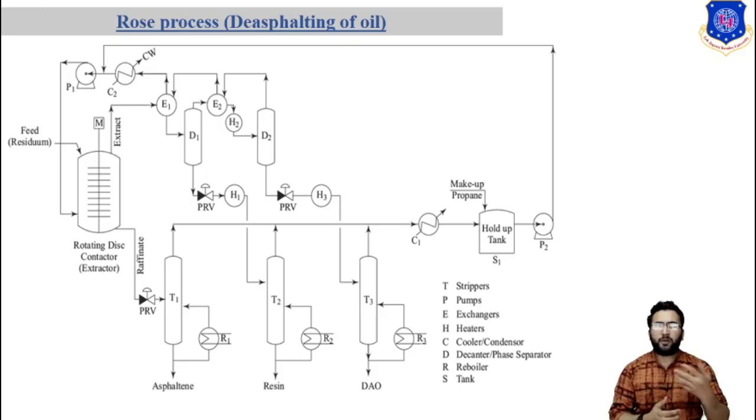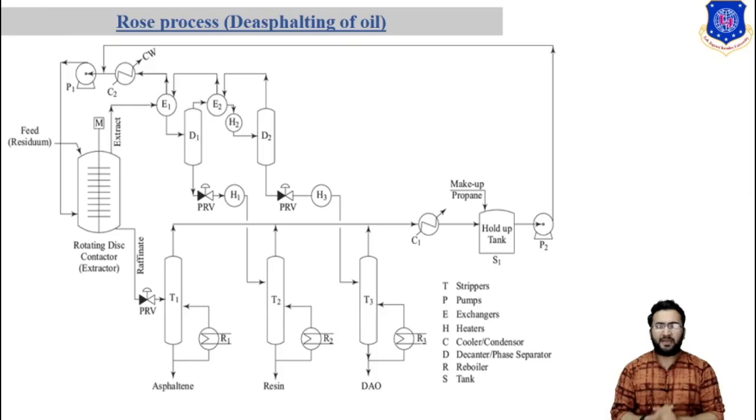It is not a supercritical extraction. As an extractor, either a mixer-settler or a rotating disc contactor is used. From the extractor, asphalt is obtained as a raffinate phase, but it is contaminated by a very small amount of propane. Propane vapor is separated from the raffinate phase by flashing and stripping in tower T1, which is a flash vessel cum stripper.